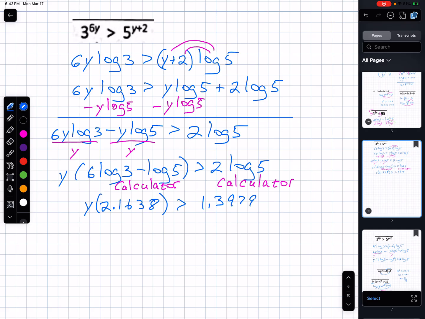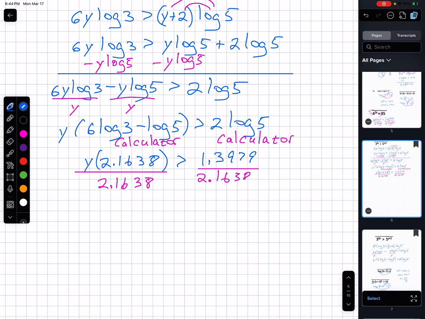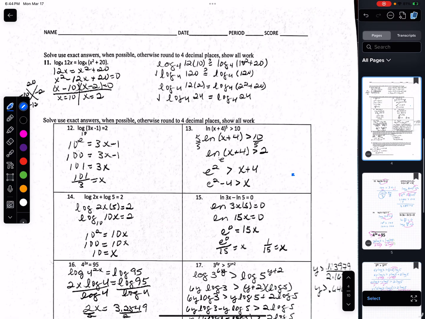Okay, and then I'm going to divide both sides to get the y by itself. So divide by 2.1638. If this was ever a when-are-we-ever-going-to-use-this moment, this is that moment. So we get 0.6461, so y is greater than 0.6461.